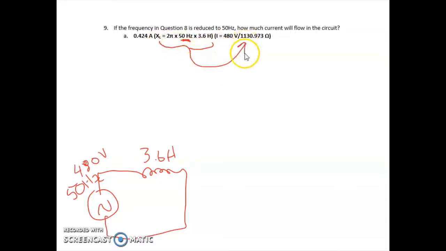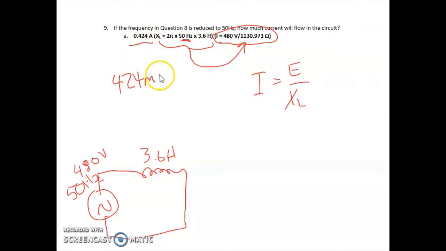This gives a little bit less inductive reactance. And then again, we're using Ohm's law, substituting inductive reactance for resistance. That's this math here, and it yields 424 milliamps.